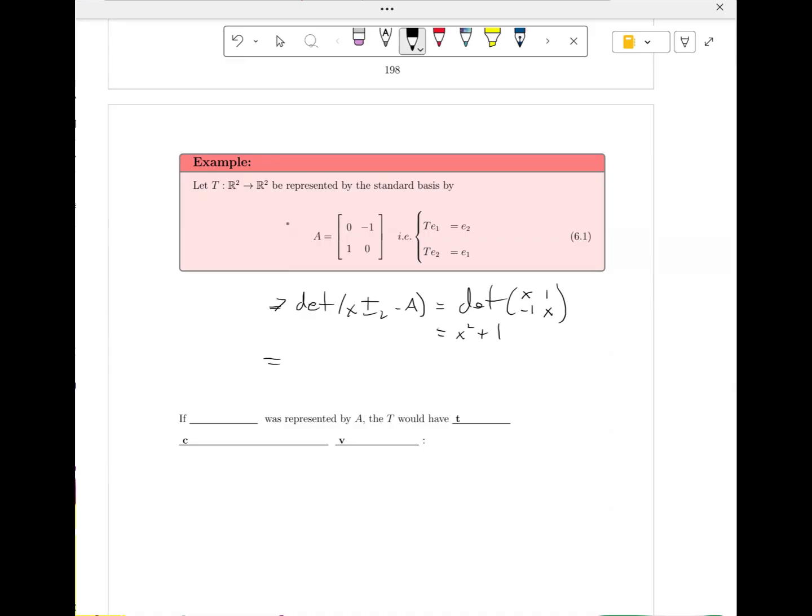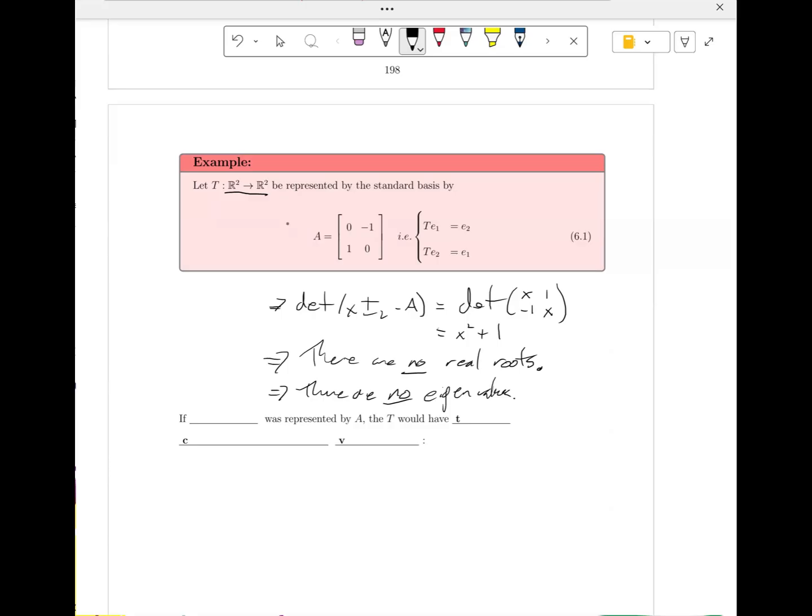What does this mean? This means there are no real roots. Now, this implies that there are no eigenvalues because we're going from real to real.